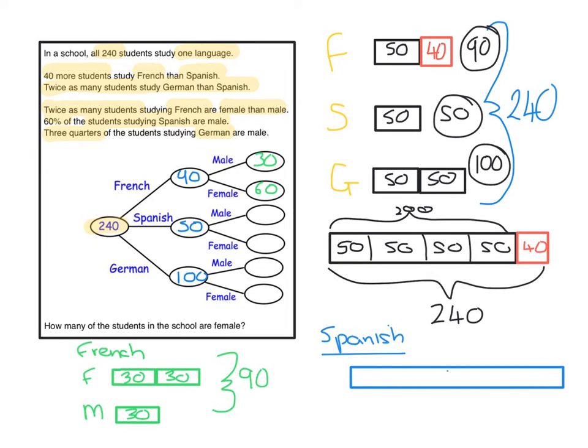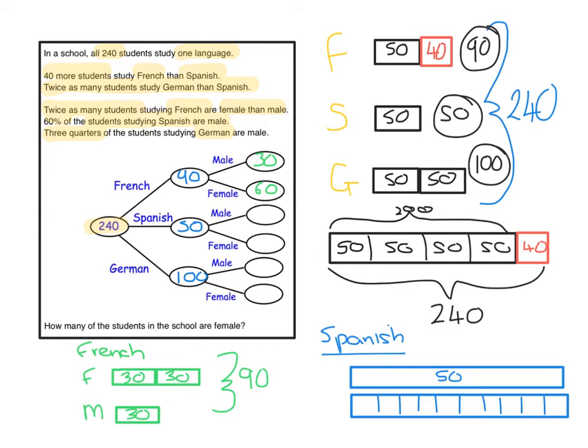If I want to find 60%, a good one to do first would be 10%. So let's do a box underneath. Split it into 10, because to get from 100% to 10%, I need to split it into 10 pieces. 100 divided by 10 is 10.